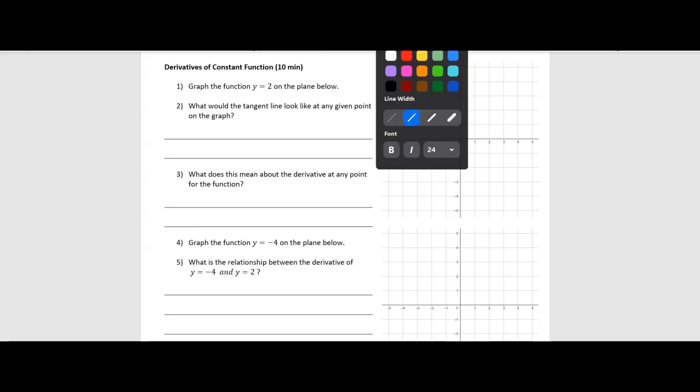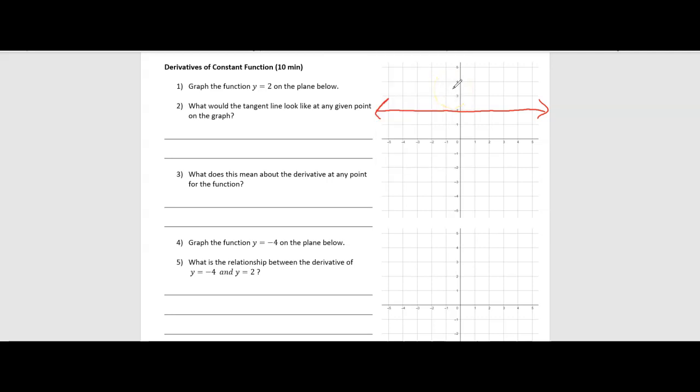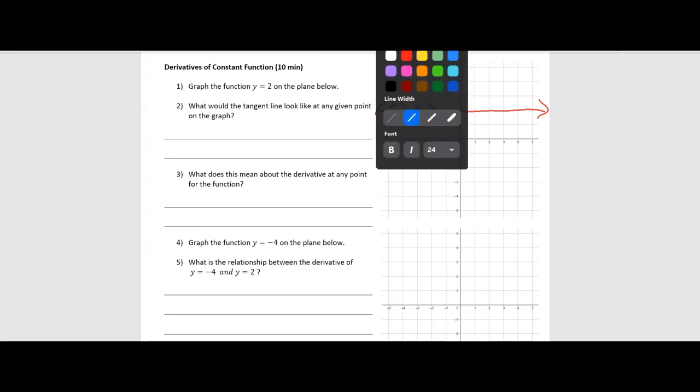Okay, so the function y equals 2 is just going to be a horizontal line that goes through 2 on the y-axis. And it says, what would the tangent line look like at any given point on the graph? So for linear functions, the tangent line is always going to resemble what the function looks like. If I choose this point at x equals -3, the tangent line is going to be the same line as the actual function.